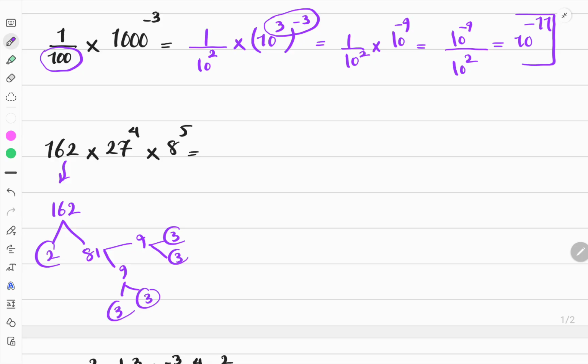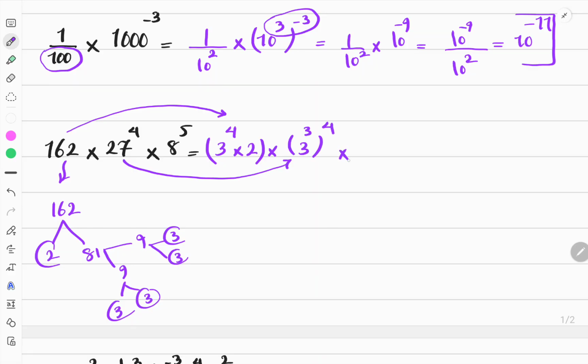So 162 includes 1, 2, 3, 4 factors of 3 and 1 factor of 2. Okay, and for 27, I can write 3 cubed raised to the 4, and for 8, 2 cubed raised to the 5.